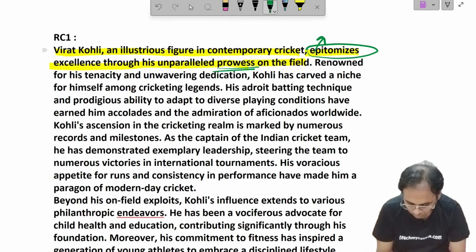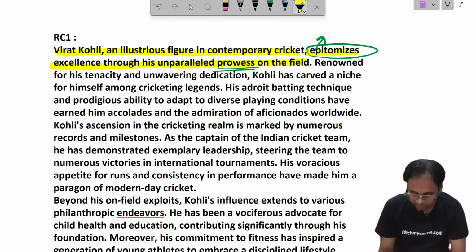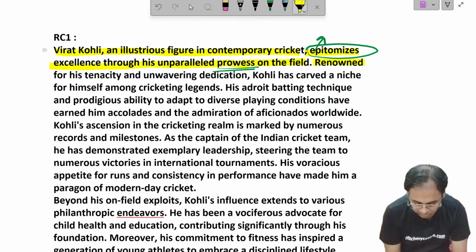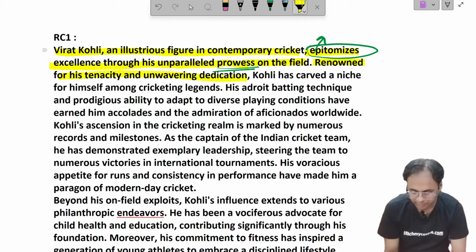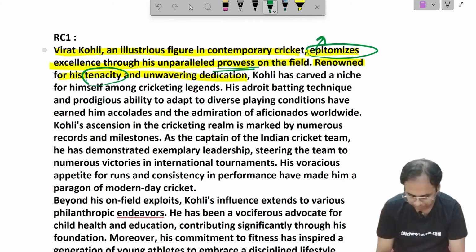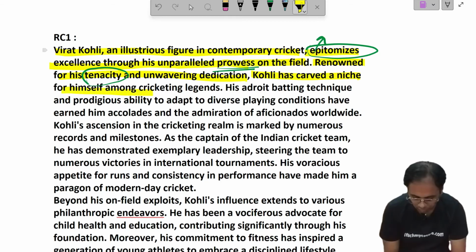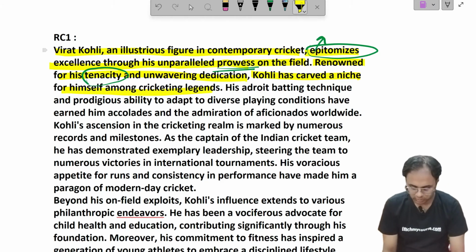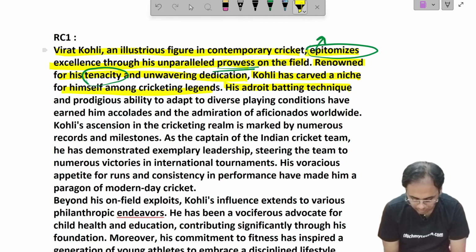Next we move on: renowned for his tenacity and unwavering dedication. So tenacity means a very hardworking sort of person. Kohli has carved a niche for himself among cricketing legends. His adroit batting technique and prodigious ability to adapt to diverse playing conditions have earned him accolades and admiration of aficionados worldwide.